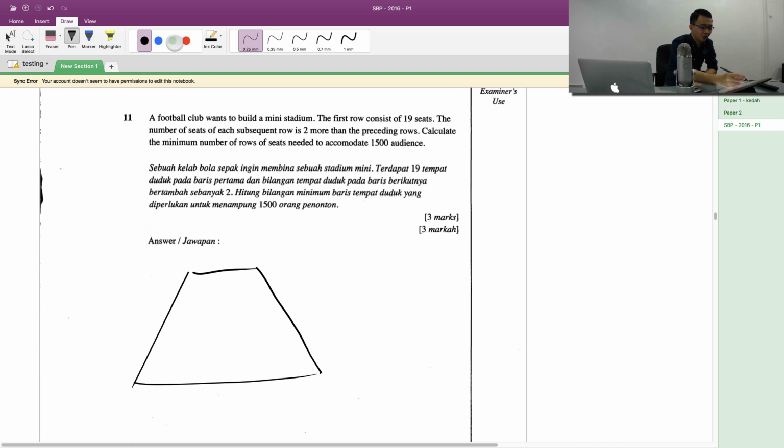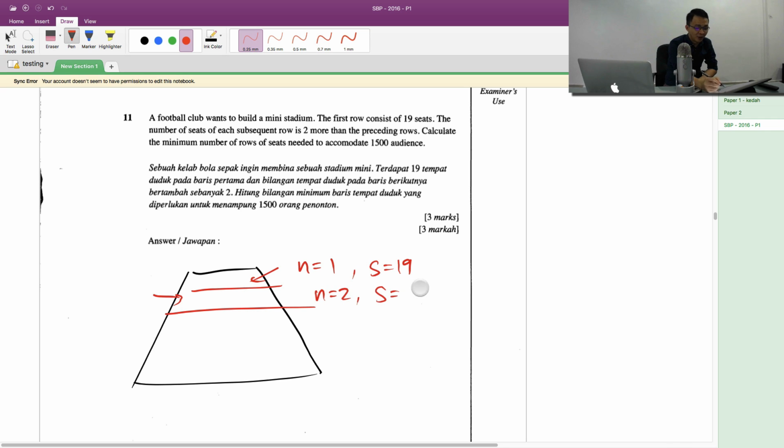The first row can accommodate 19 people. When n equals 1, you have the seats is 19. And then the second row, it is 2 more, right? So when n equals 2, s will be 2 more, so it's 21. When n equals 3, it means the third row, your s plus 2 again is 23.